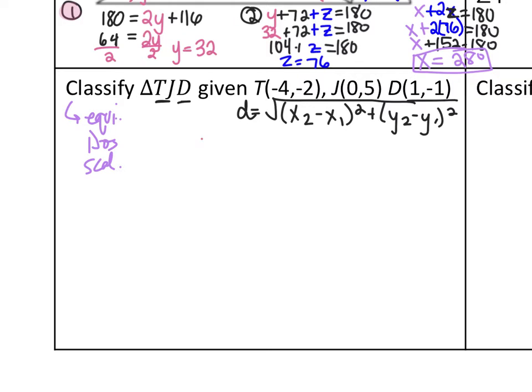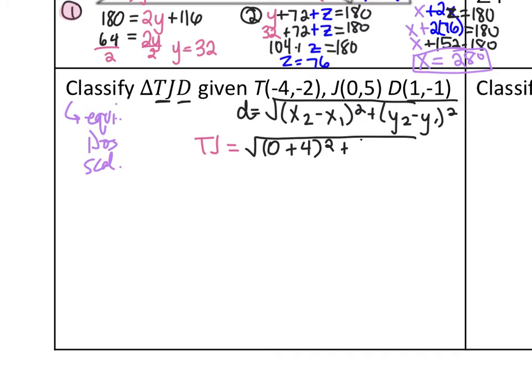So we're going to start with side TJ. Okay, so I plug it in here. So since I'm starting at T, that'll be my 1s, J will be my 2s. All right, so we have x2 minus x1. Remember, minus a negative, you have to add.